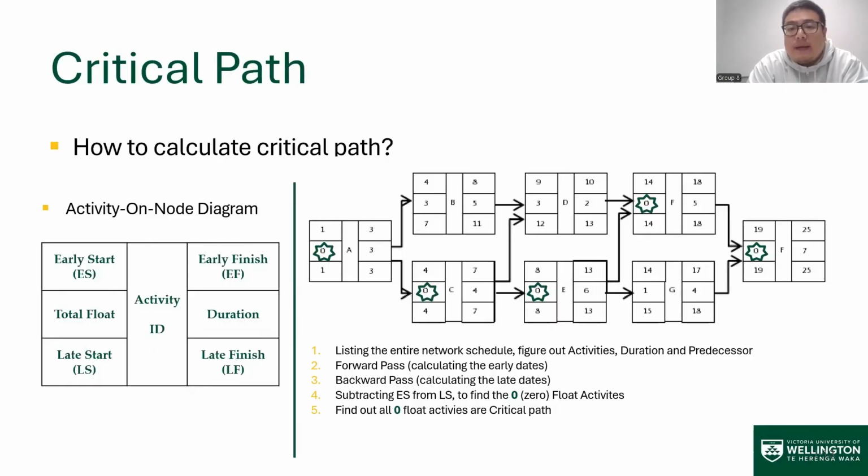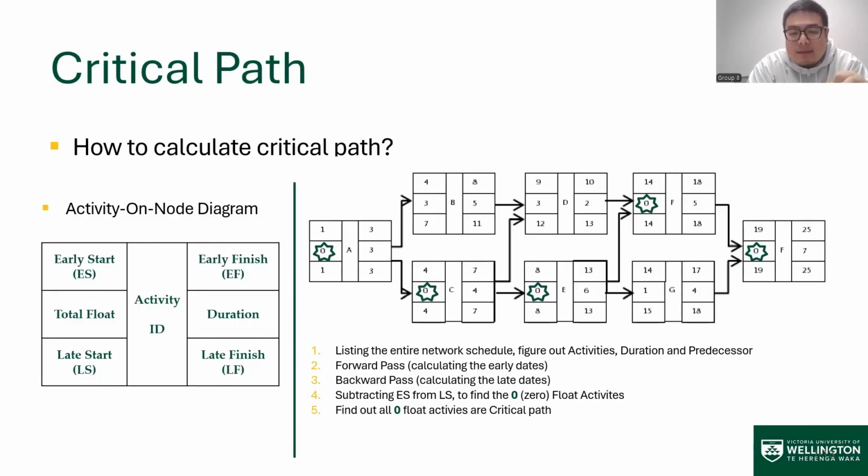Once we understand the activity-on-node diagram, we can extend it to the whole schedule. Let's look at the right side. It's an entire schedule, so we should list the whole network schedule, figure out all the activity IDs, estimate all the durations and sequences, and then start to calculate. We take a forward pass from left to right to calculate all the early dates, and then a backward pass from right to left to calculate all the late dates.